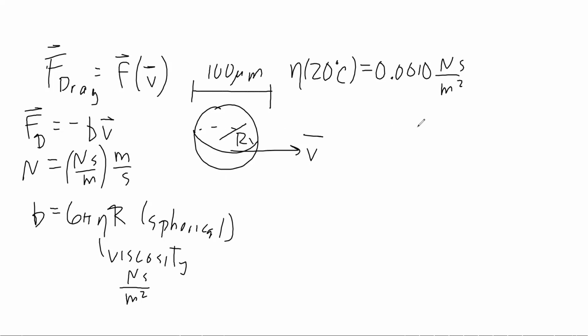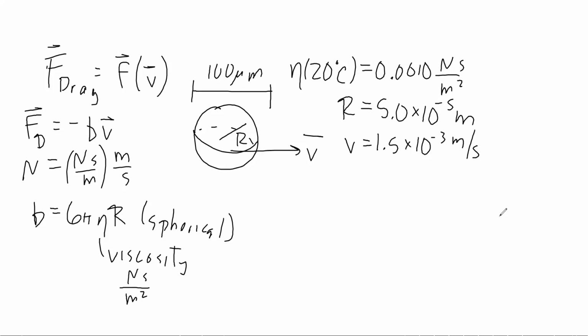And so that means the radius, if it's 100 micrometers wide, micro is 10 to the negative 6, and so 100 times 10 to the negative 6 divided by 2 will give you the radius that we'll use to calculate, which is 50 micrometers or 5.0 times 10 to the negative 5 meters. Okay, so we got viscosity and we got our radius, and for the speed, the book has this object moving at 1.5 millimeters per second. So we'll tack on a 10 to the negative 3 meters per second there.